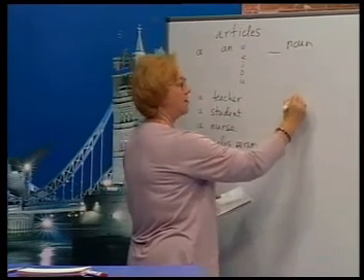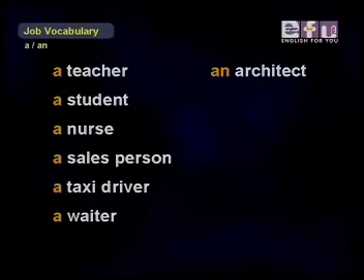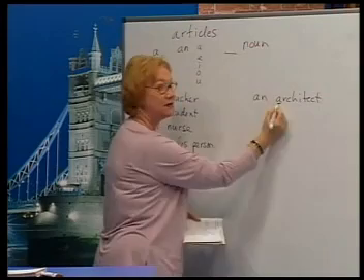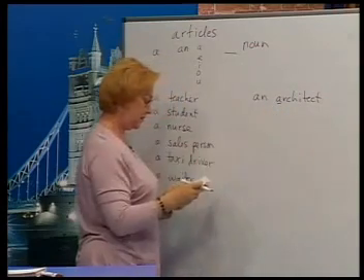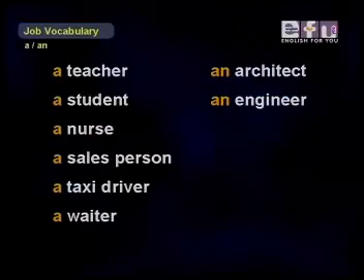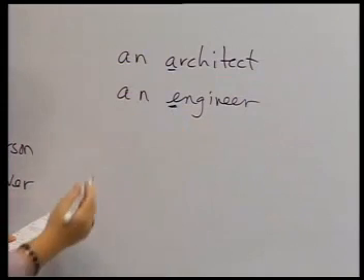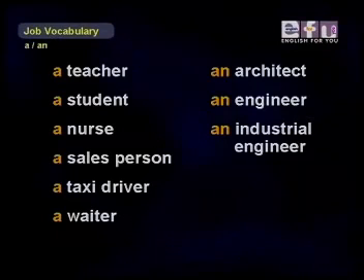Now we have an architect. An architect because of the A. An engineer. An engineer because of the E. An industrial engineer.